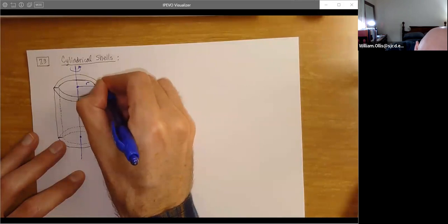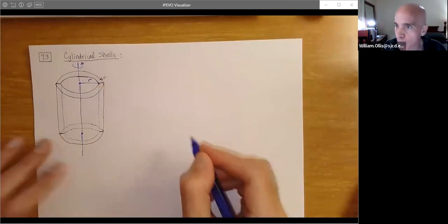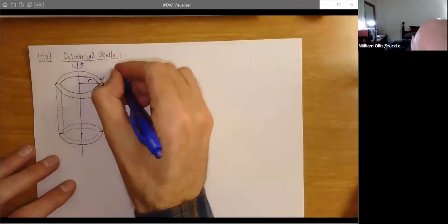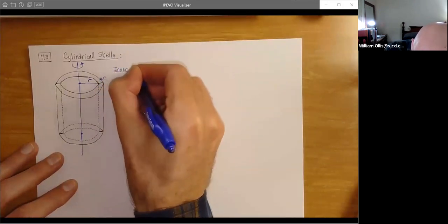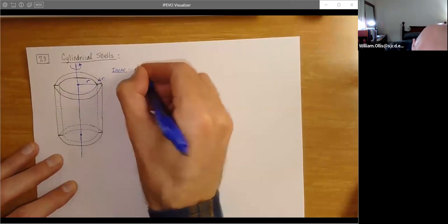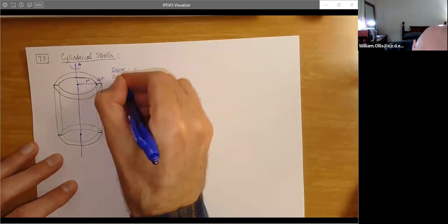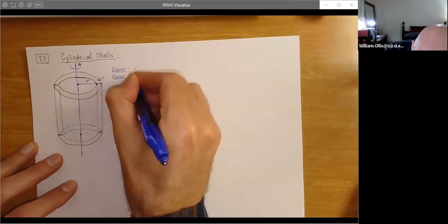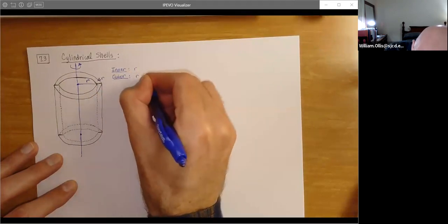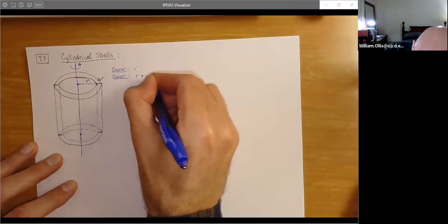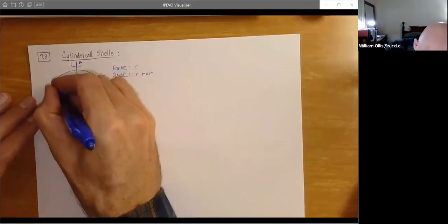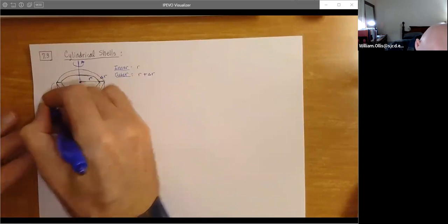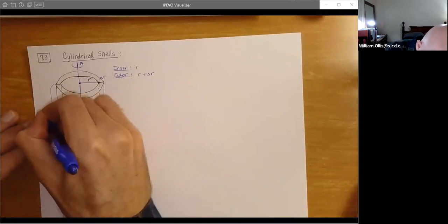You can think of this as an x and a delta x; I'm just using r for radius. So for the inner shell, we have a radius of r, and for the outer, we have r plus delta r. And then of course, we have a height. We'll just call that h for now.